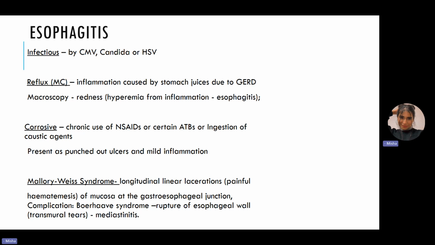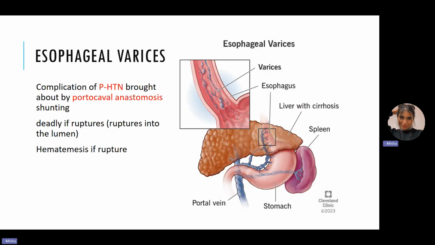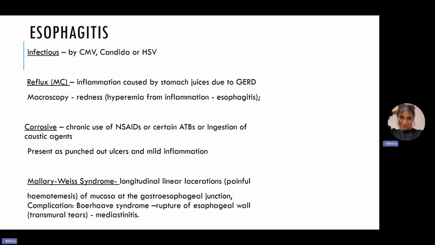Okay. Next, one more thing that I want to mention is the Mallory-Weiss syndrome. Now, Mallory-Weiss syndrome is basically when the gastroesophageal junction suffers from some lacerations of the mucosa due to some kind of severe recurrent vomiting.